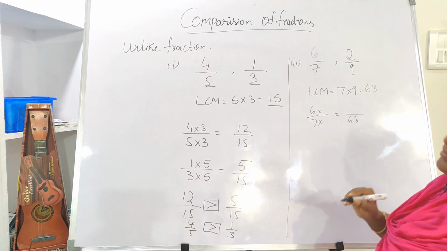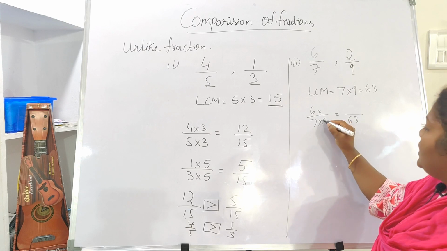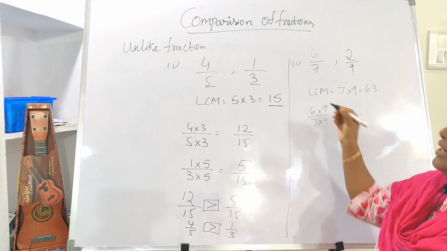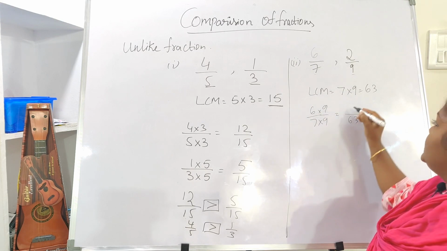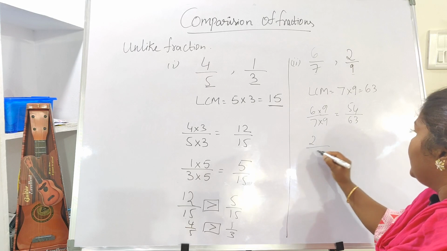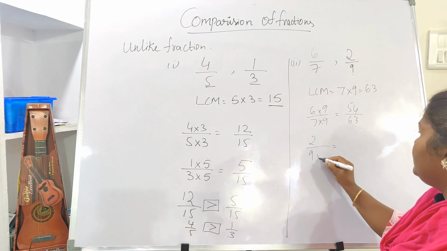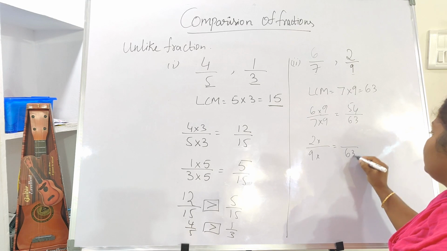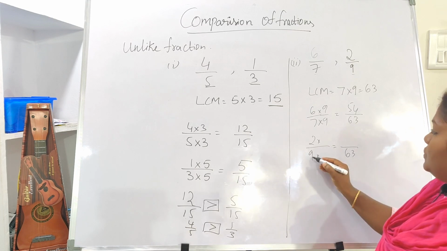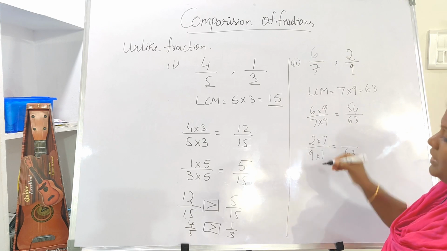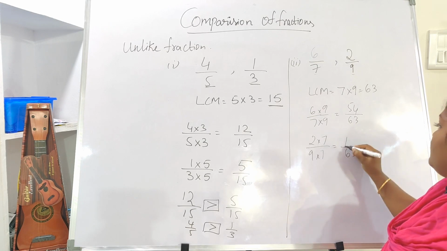Now 7 into 9 gives me 63. So the same number 9 should be multiplied in the numerator. So 6 9s is 54. In the same way, take 2 by 9, multiply with such a number so that you get the denominator as 63. So 9 7s is 63. With the same 7 multiplied in the numerator, that is 14.